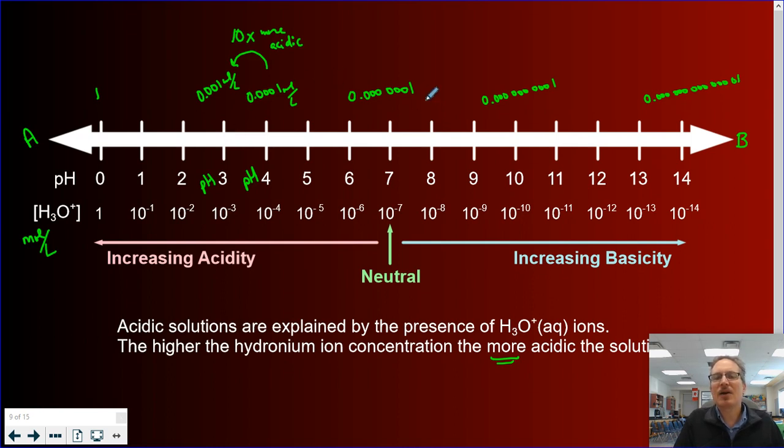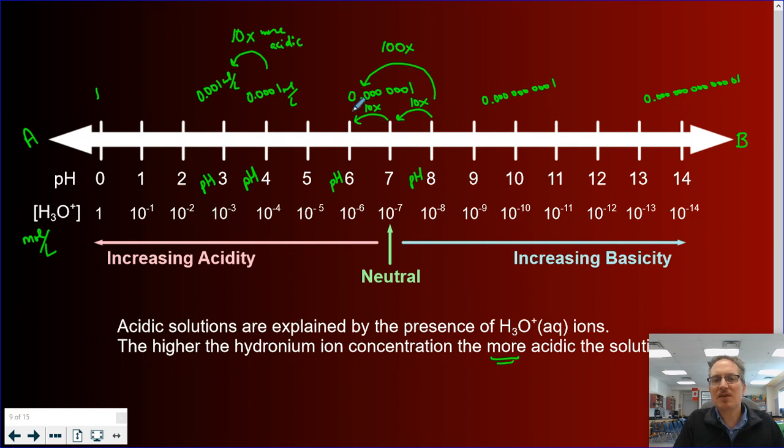Therefore, when I go from a pH of 8 to a pH of 6, well, a pH of 7 is 10 times more acidic than a pH of 8. A pH of 6 is 10 times more acidic than a pH of 7. Therefore, when I go from a pH of 8 to a pH of 6, this is going to be 100 times more acidic. And I'll prove it to you.